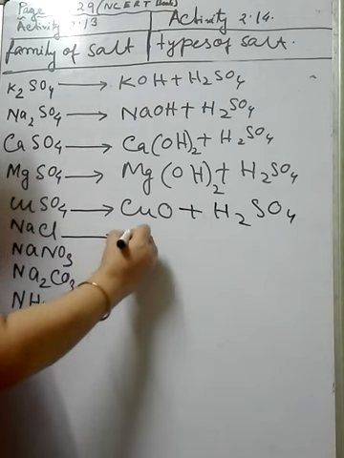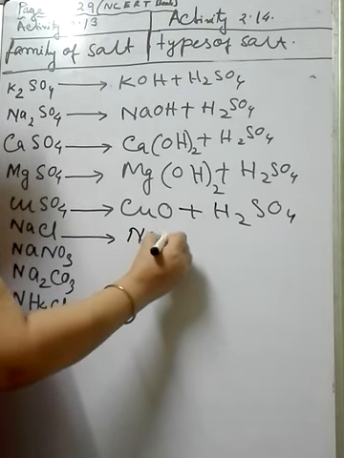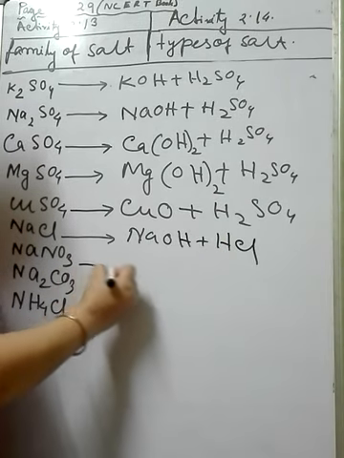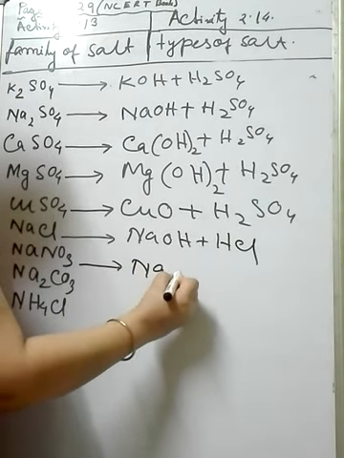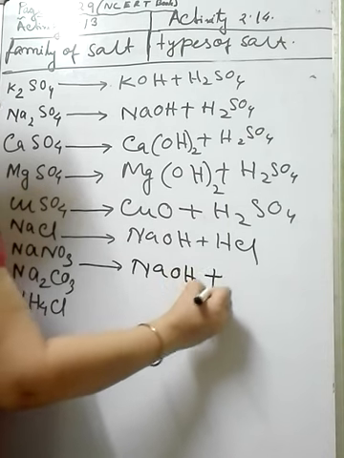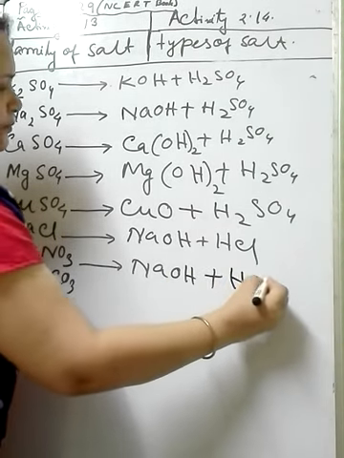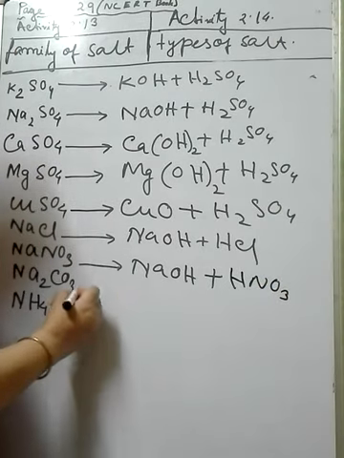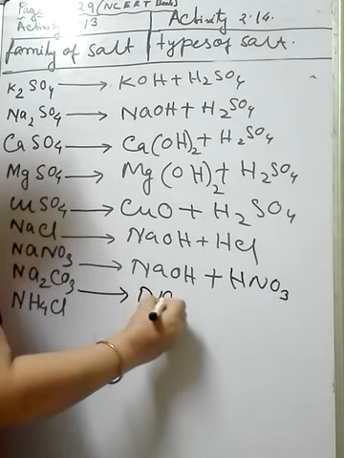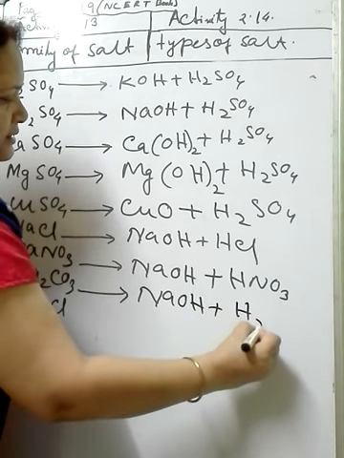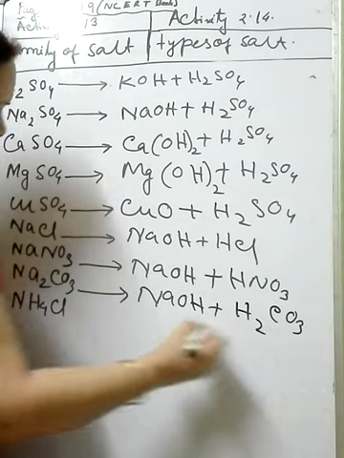In the case of sodium chloride, sodium hydroxide combines with hydrochloric acid. In the case of sodium nitrate, sodium hydroxide combines with nitric acid, HNO3. Sodium carbonate is formed by combining sodium hydroxide and carbonic acid, H2CO3.